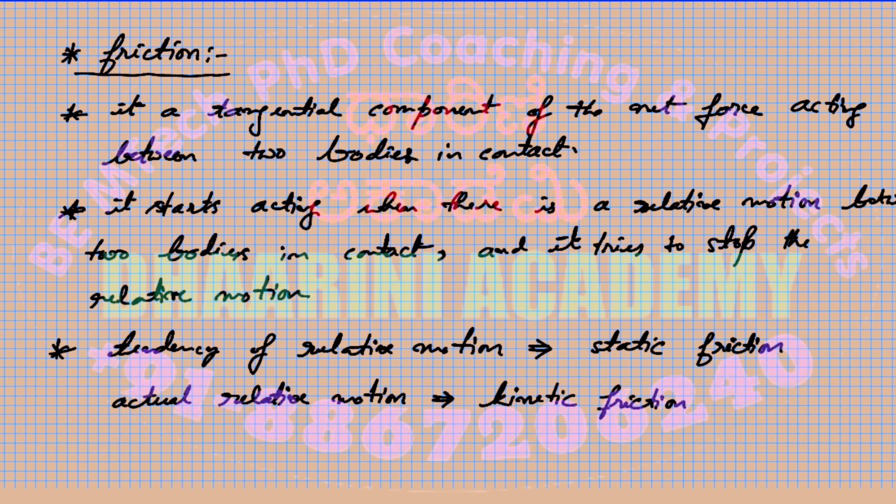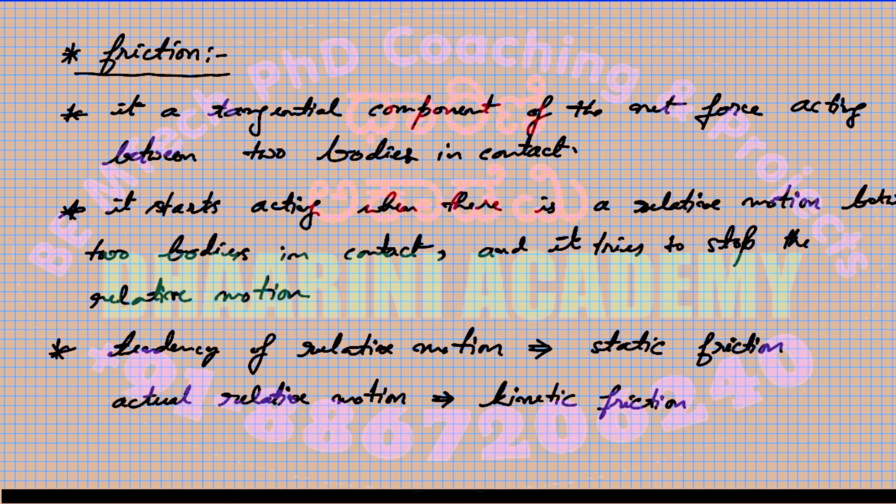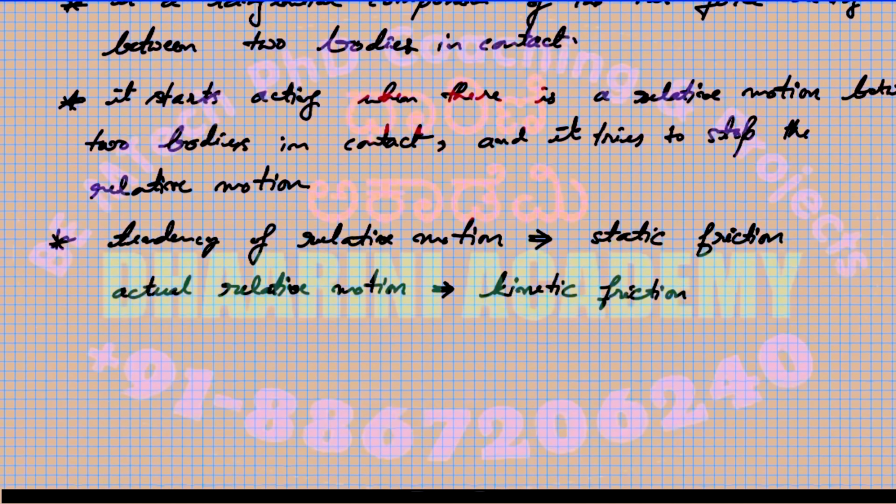So the direction of the friction force on a given body is opposite to the direction of the relative motion. Direction is important because whenever we write equations for different types of forces, we follow a convention of which is positive and which is negative, decided by the direction of action. So that's why we write another point related to the direction.